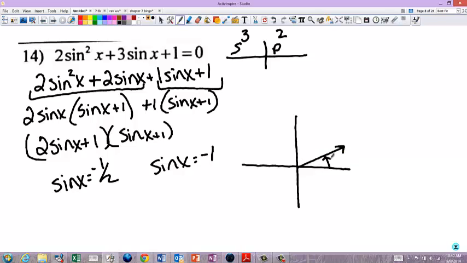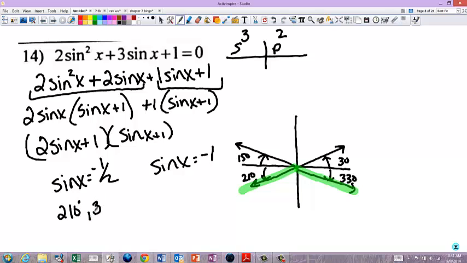So that's 30, so 180 minus 30 is 150, 180 plus 30 is 210, 360 minus 30 is 330. But sine's negative here and here. So it would be 210, 330, and then it's negative 1 here, 270.